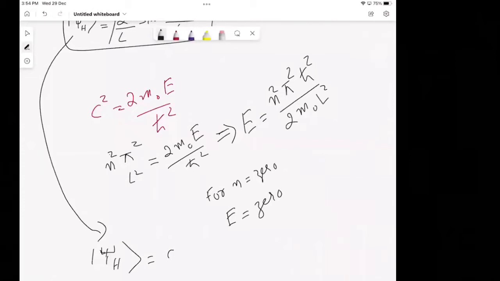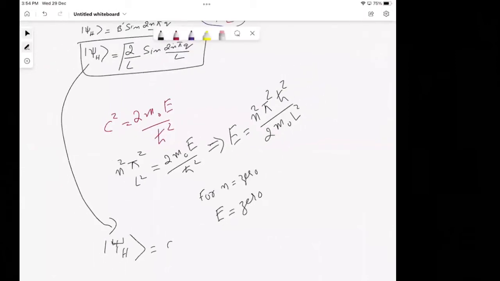So psi will become 0 for E0 equal to 0. So zero energy does not exist for the potential well. No particle will be with zero energy.